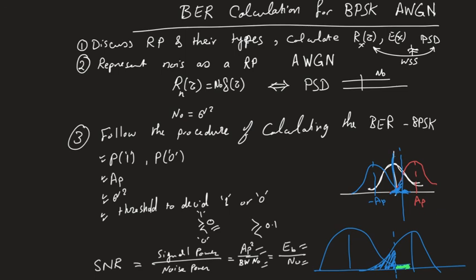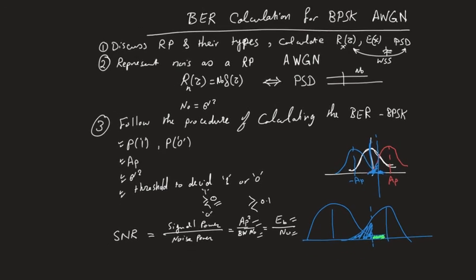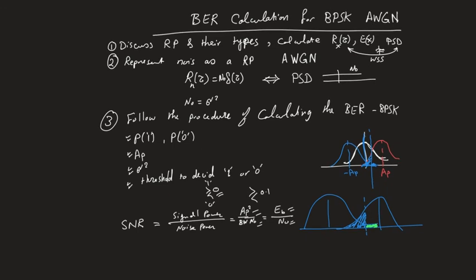Okay, so that's more or less the things that we have looked at. The last thing is to be able to find bit error rate for given SNR or EB over N naught, whichever, both of them are SNRs, from a curve.